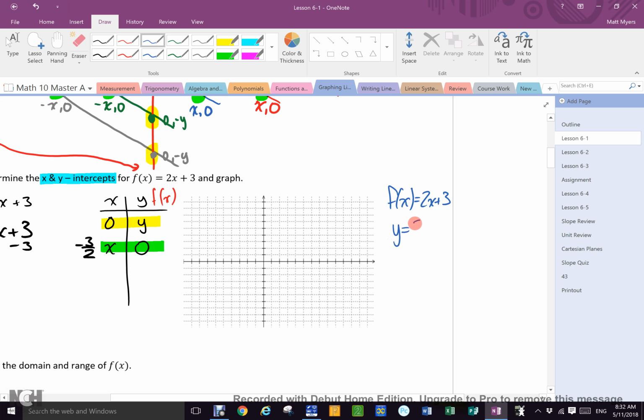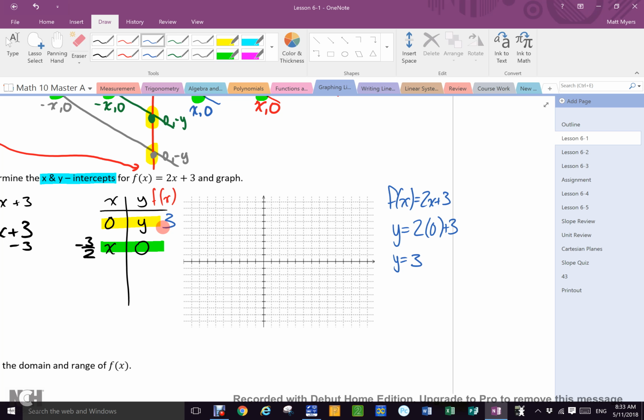Y equals 2 times what? 0 plus 3. What is it? Y equals 3. If y equals 3 in algebra, what does y equal on my table? 3. Do I now have an x and a y value for that? Yes. I do, don't I?